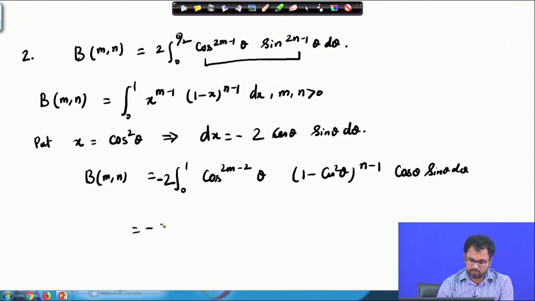So, this will be minus 2 times the integral, and we also have to take care of these limits.